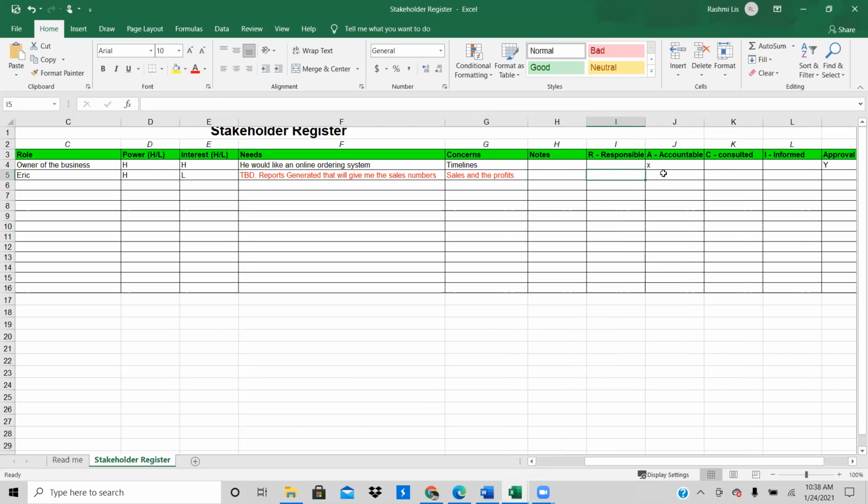Now, in this case, he's not really responsible, right? He's not responsible because he's not responsible to deliver this effort. Is he accountable? No, because Bob is accountable. He's the buck-stops-here guy. Is he consulted? Yes, right? So you're going to consult him for the requirements. Is he informed?